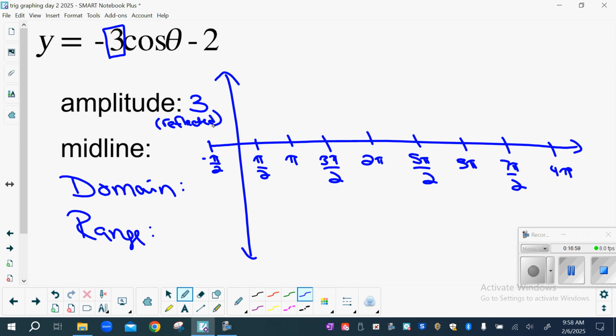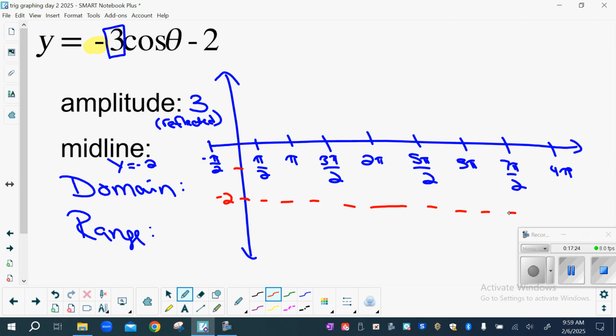It's going to start in the trough of the wave at the very lowest point because of this negative right here. The graph has been reflected. We're starting down and then up, right? My midline is y equals -2. I'm going to go ahead and throw that on right here.